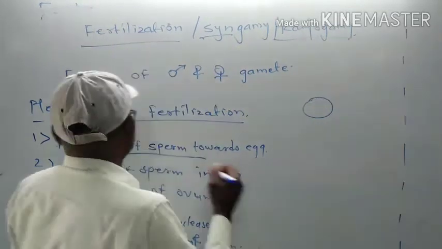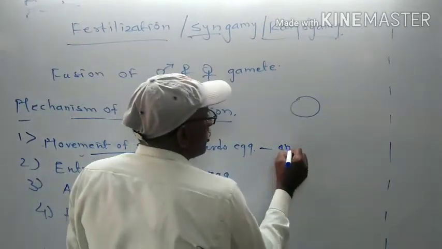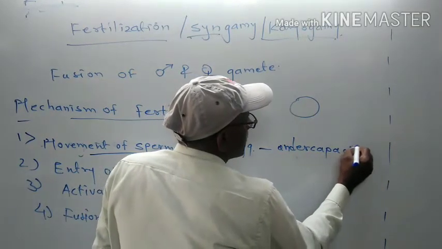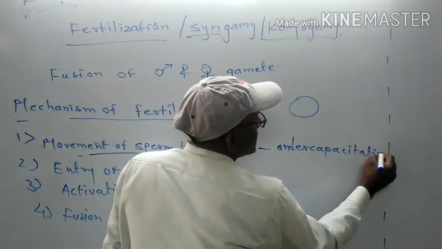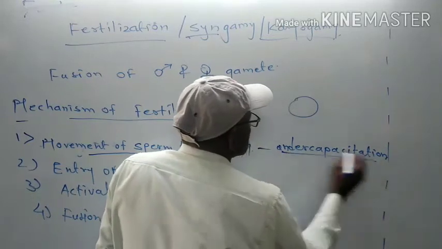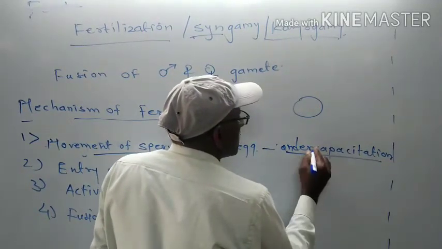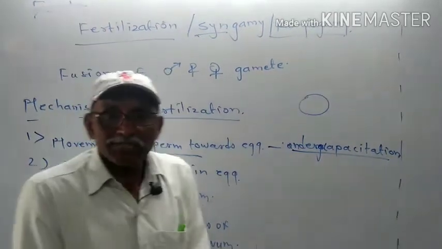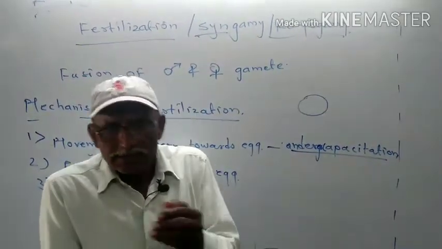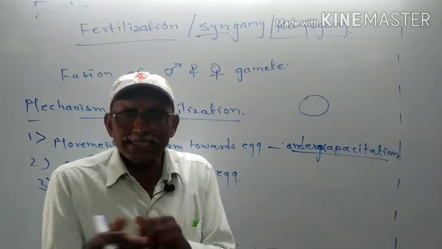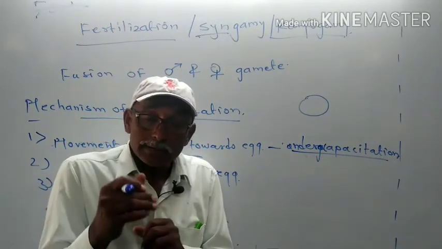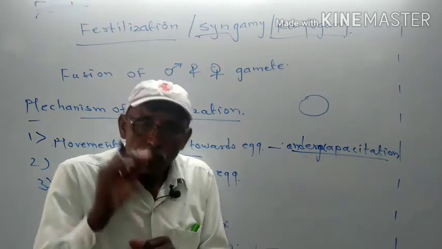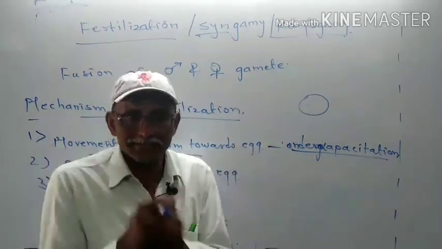The remaining 50% undergo capacitation. Capacitation means some physiological changes happen, and the sperm's ability to swim and to fertilize the egg is increased.